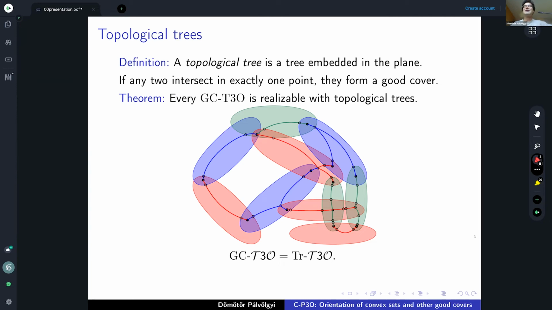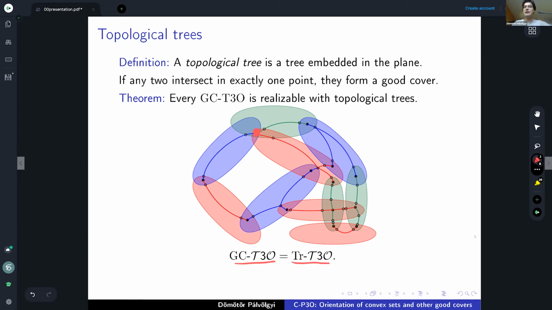So it's much nicer to draw this, because our proof is a little more general. And you can see how we replace any set, let's say this middle red set, with this red curve in the middle. That will become the topological tree that we associate to it. And as you can see, we can also allow one triple intersection, but just one for the proof to work, to be able to convert a GC3O into a T3O.